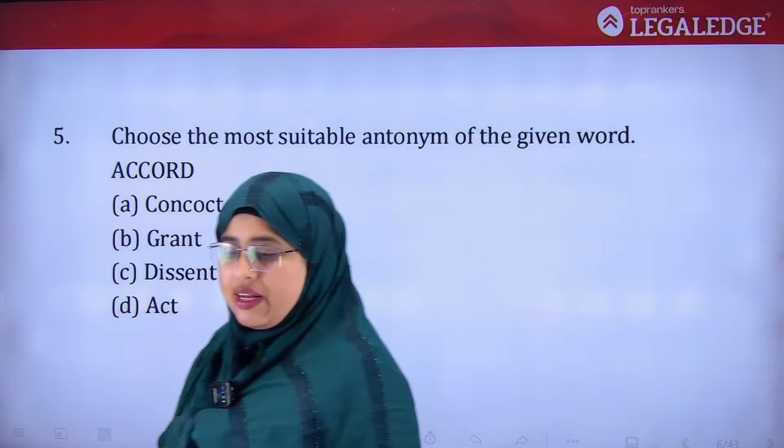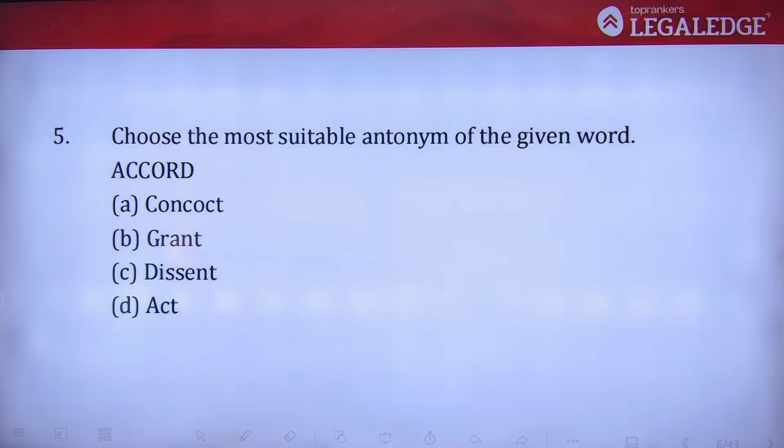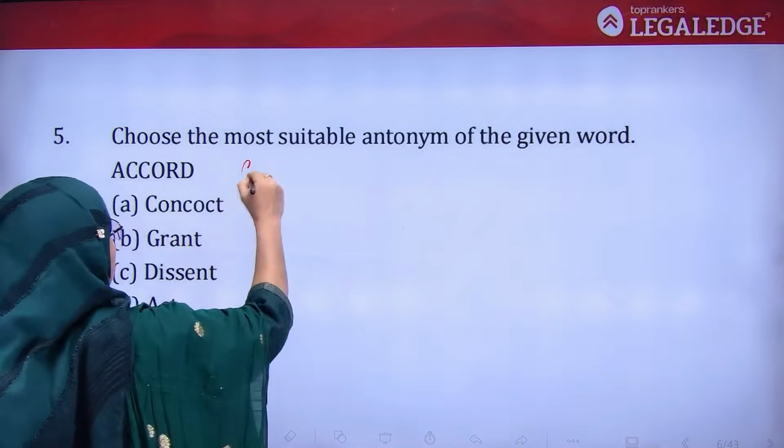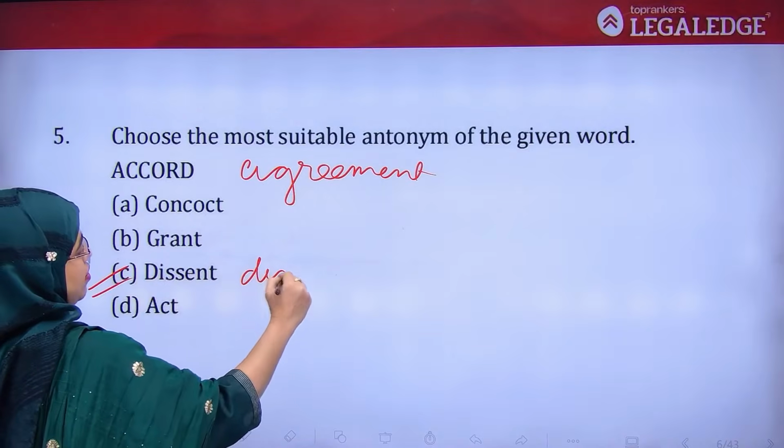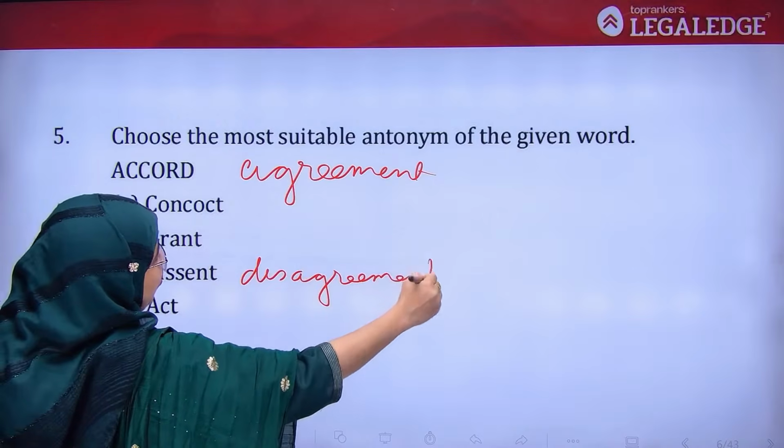Question number 5 is on screen. Hurry up. So, accord basically is agreement, and dissent is disagreement, which is direct opposite.